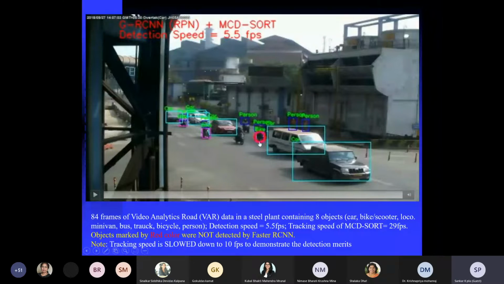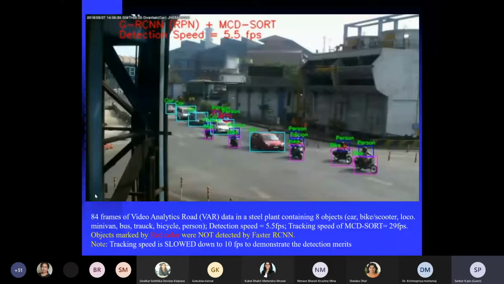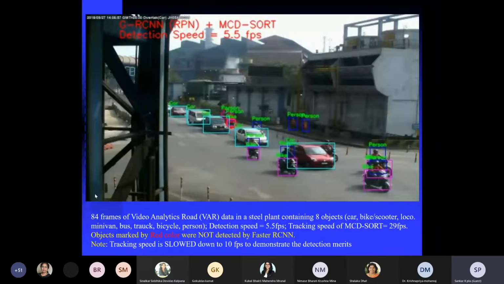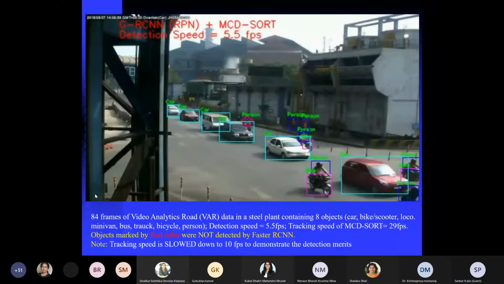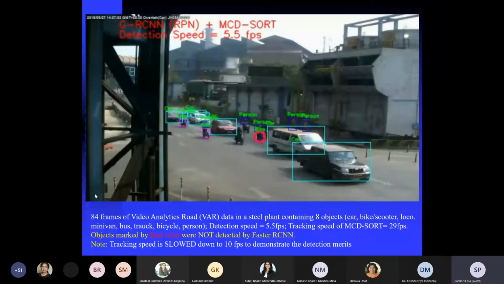The red colors mean they were not detected by the faster RCNN. This red bike, because in the faster RCNN they got merged, occluded, they could not be detected. So these red colors indicate that. Very nice result, it is in a paper.